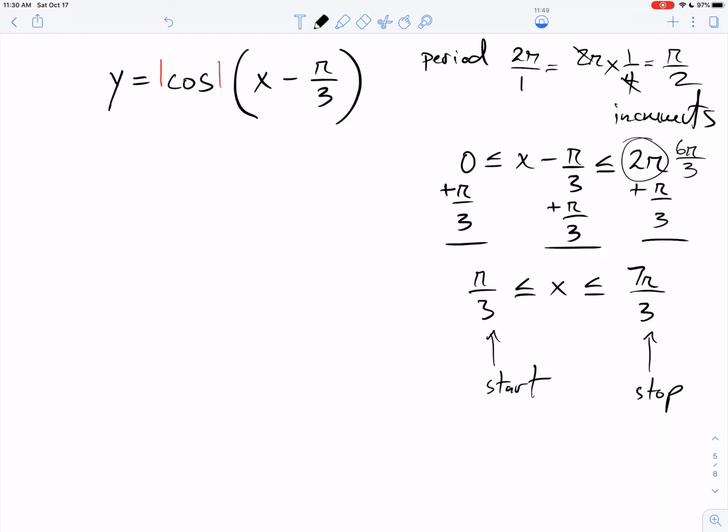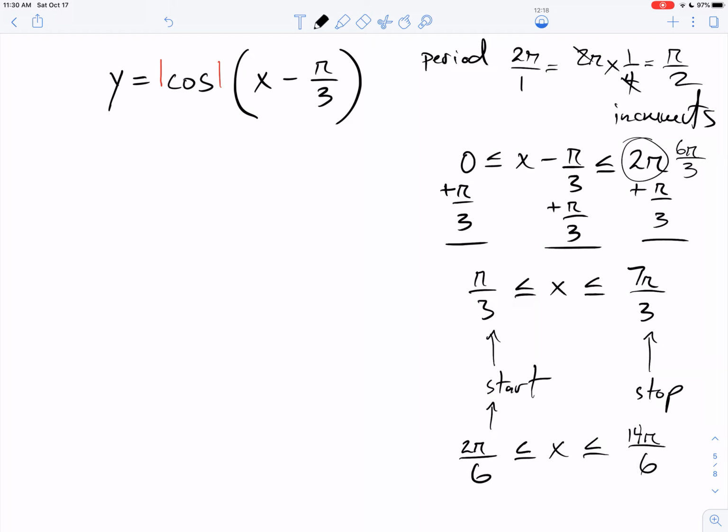I hope you see where I'm going with this. For pi thirds and pi halves, the common denominator would be 6. So I'm going to say this starting value could be called 2 pi sixths, and the stopping value, if I do the same thing, would be 14 pi sixths.